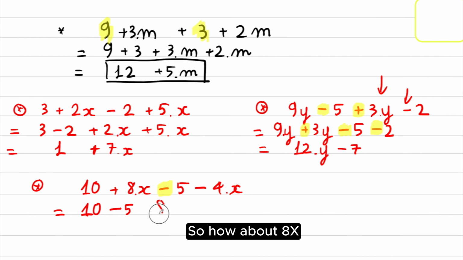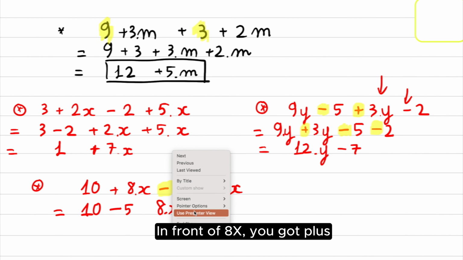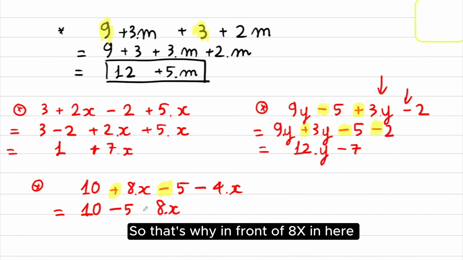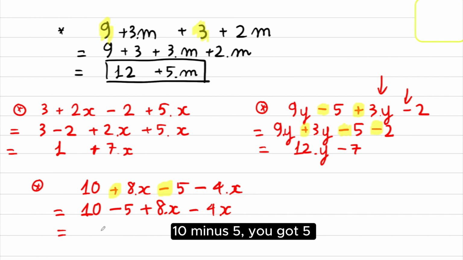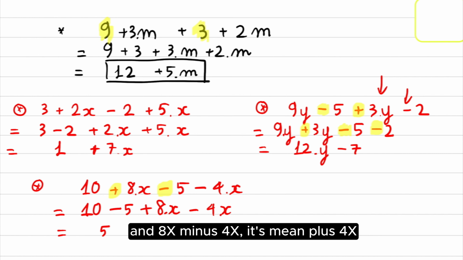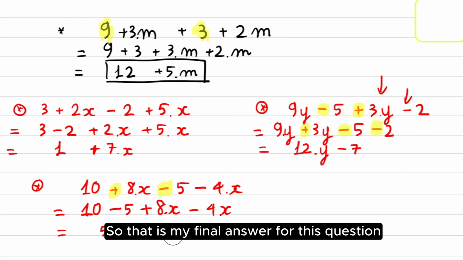How about 8x? In front of 8x you have plus. So in front of 8x here you put plus again. The next term is minus 4x. You have a minus sign in front of 4x. So for the second line you have to keep it unchanged. Okay, 10 minus 5 you get 5, and 8x minus 4x means plus 4x. So that is my final answer for this question.